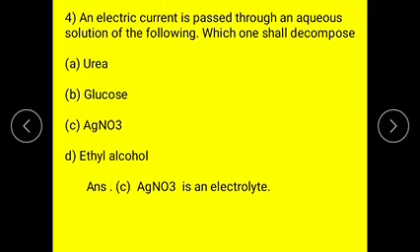The remaining are all non-electrolytes, because they do not have any capability to split into ions. Silver nitrate acts as an electrolyte and on ionization produces Ag+ and NO3- ions, but urea, glucose and ethyl alcohol do not give any ions on electrolysis.